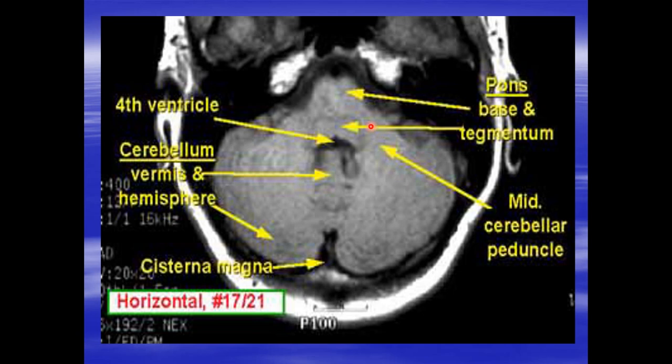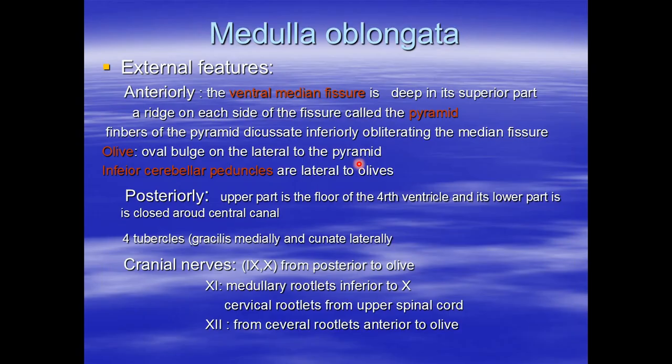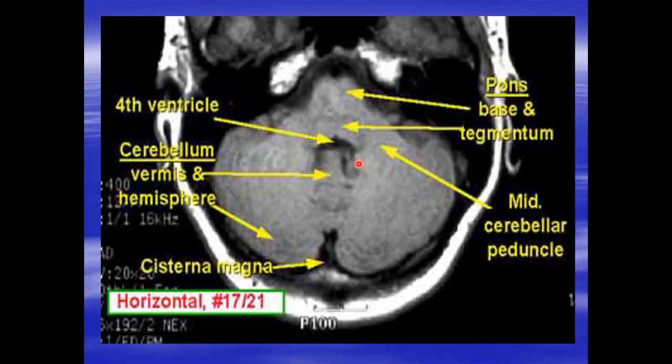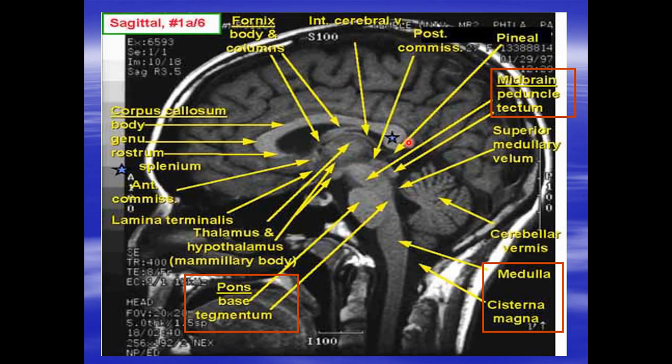This is the middle cerebellar peduncle that connects the cerebellar hemispheres to the pons, and we can see the posterior aspect of the pons forms the floor of the fourth ventricle, the upper part of the floor of the fourth ventricle.